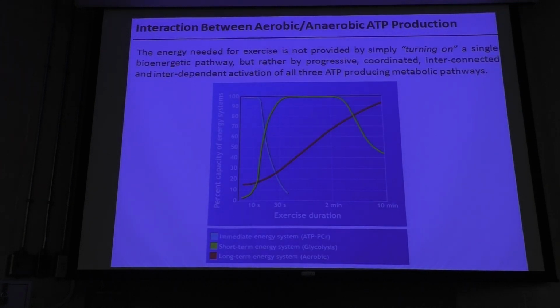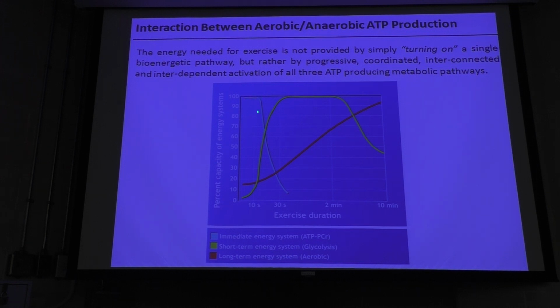So, as a summary, basically, the energy needed for exercise is not provided by simply turning on a single bioenergetic pathway, but rather through progressive, coordinated, interconnected, and interdependent, a lot of words, activation of all three ATP-producing pathways. So you can appreciate, if you look at the different systems, the ATP-PCr, glycolysis, and aerobic systems, that very early on in exercise, you have a very high contribution from the ATP-PCr system.